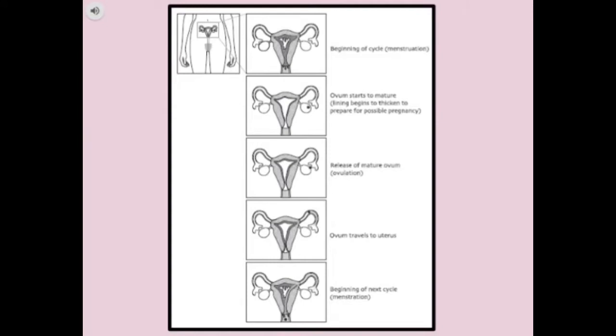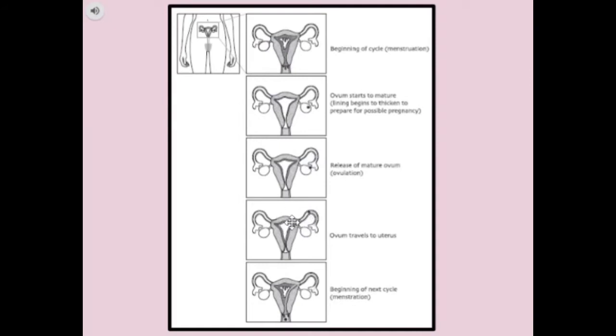So over here, beginning at puberty again, we can see that the ovaries release an ovum about once a month. And most of the time, the ovum does not meet with a sperm cell in the fallopian tube. As it goes through, we can see it here, and over here.